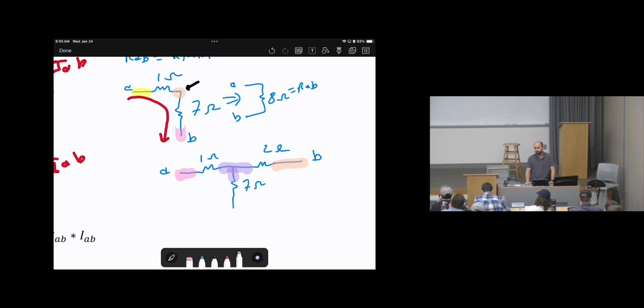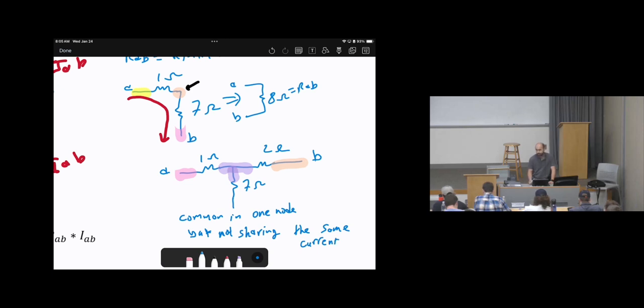The current splits. Because the current splits, this is not in series. These two are not in series. So in this situation, even though they are common in one node, they are not sharing the same current.